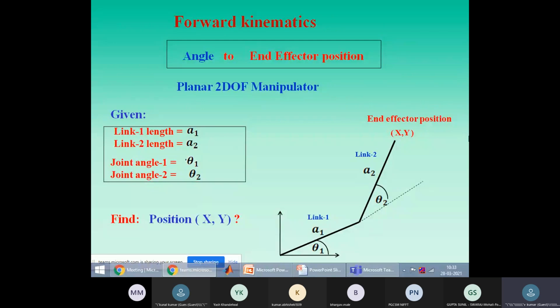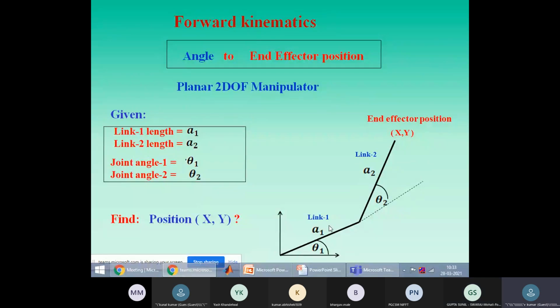Here is one simple example. You see a 2DF manipulator. 2DF means the degree of freedom is 2. It means the number of actuators is 2.